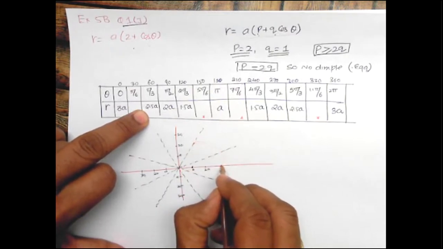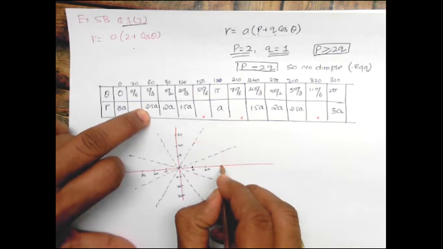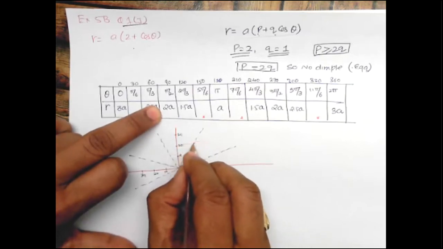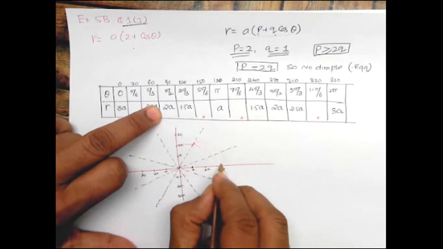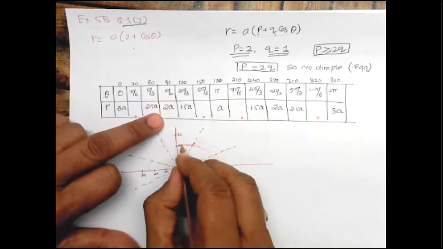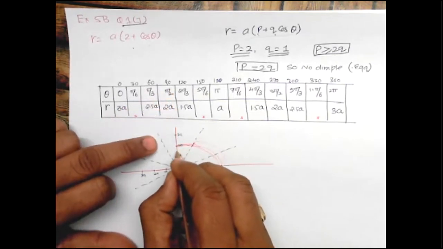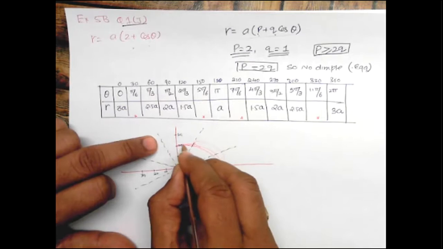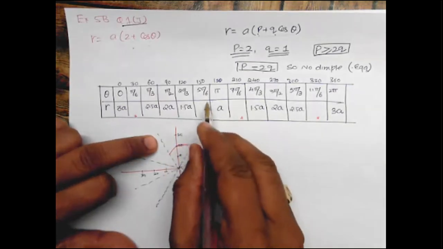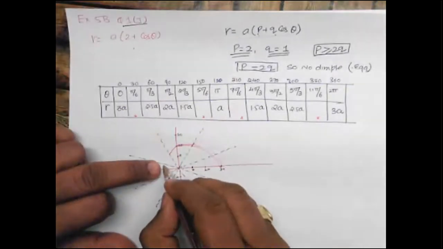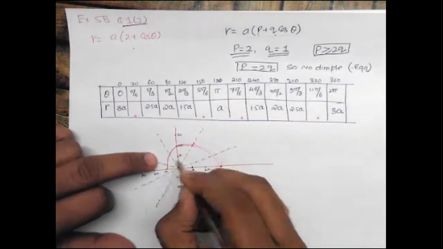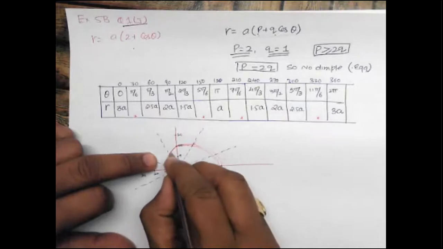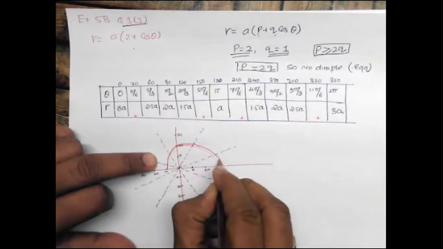Then if theta is 90, it is 2a, so the point is somewhere here, and I draw a smooth curve from there. If theta is 120, it is 1.5a, so roughly somewhere here. It's coming in. Then 5 pi over 6 is coming down even smaller. There you go, that is the curve from 0 to 180.